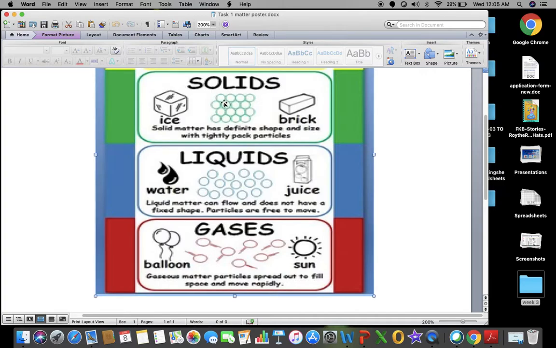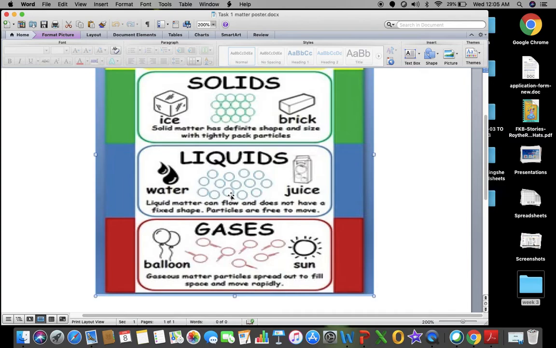As I told you, solids have a definite shape and these atoms or molecules are tightly packed together. See them here in the diagram? They are really tightly packed together and they have a definite shape.